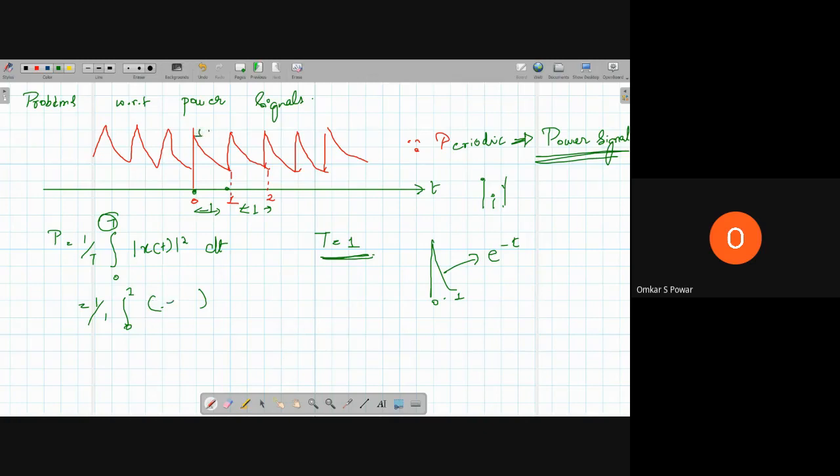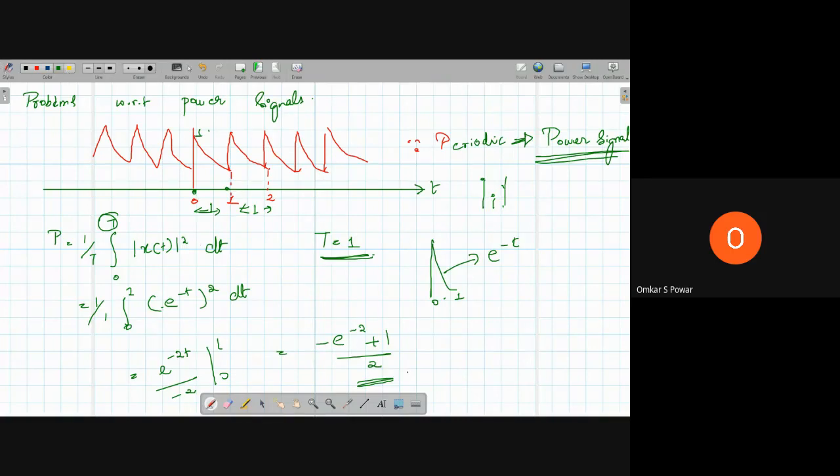So e power minus t the whole square dt, which is equal to e power minus 2t by minus 2, varying from 0 to 1. You solve this, you'll get minus e power minus 2 plus 1 by 2. So this is how you solve for a periodic signal.